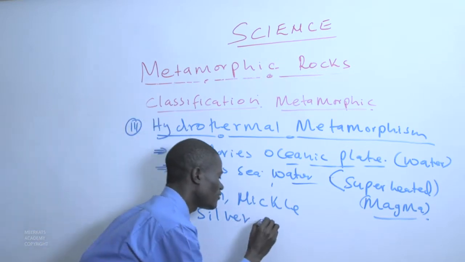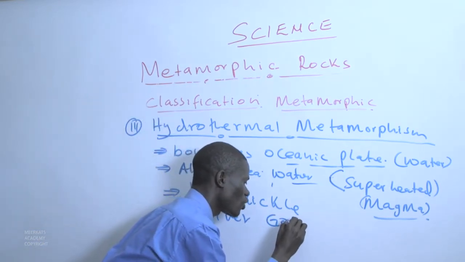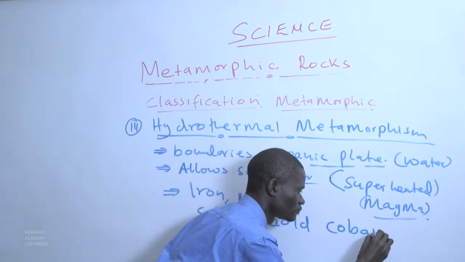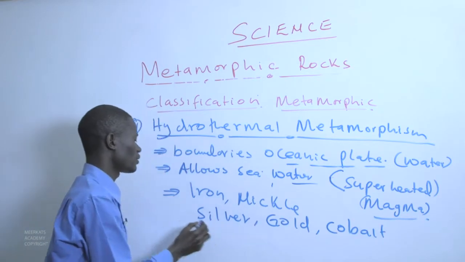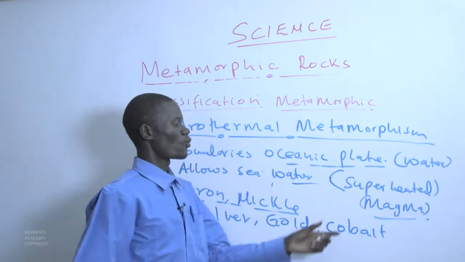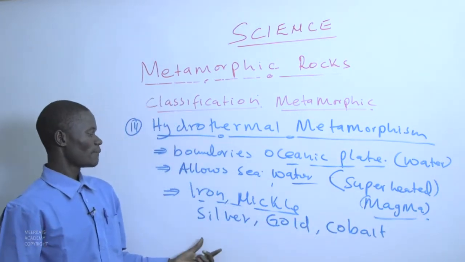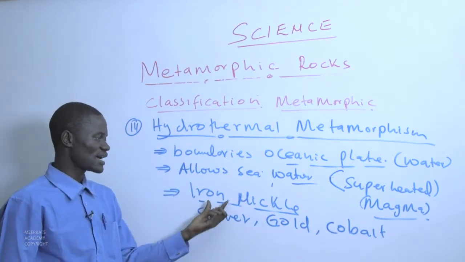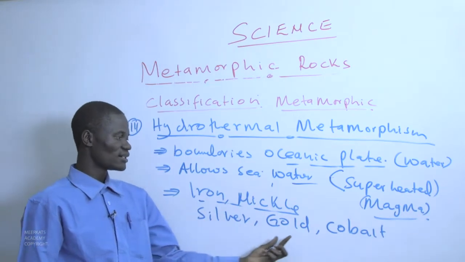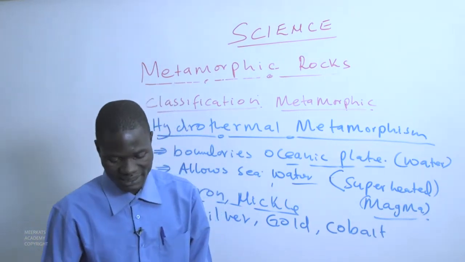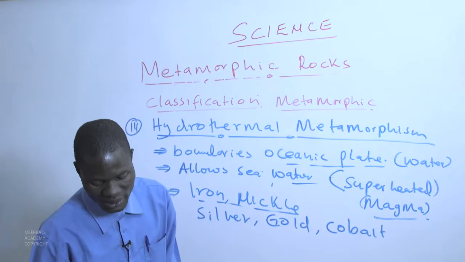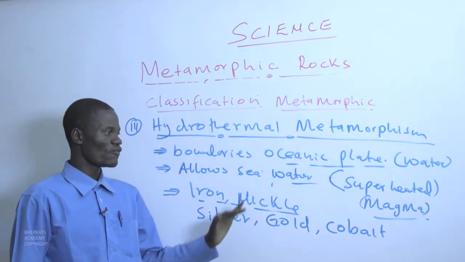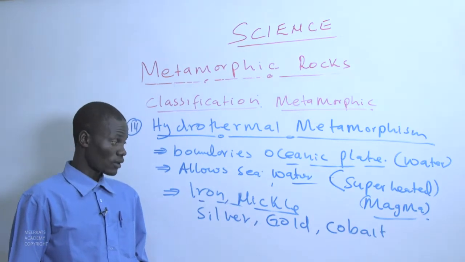And eventually we have gold and cobalt. When the superheated water reaches these minerals, such as iron, nickel, silver, gold, and cobalt, it will result in the formation of a new rock.